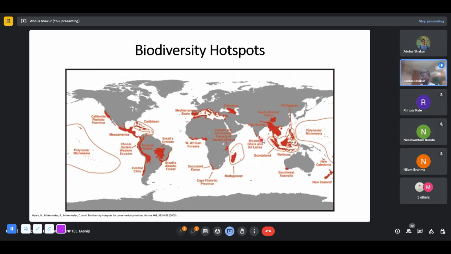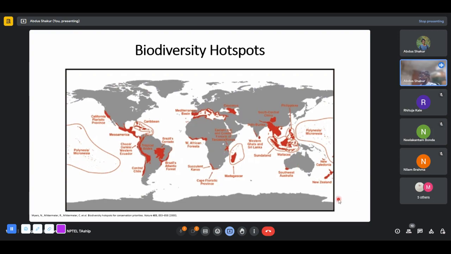For instance, in India we have two such biodiversity hotspots. One is the Western Ghats and Sri Lanka biodiversity hotspot. The other is the Himalayan Indo-Burma biodiversity hotspot. This is a little older classification, and most of these biodiversity hotspots have been updated. Even the Brazilian forest, for instance, is also a biodiversity hotspot.